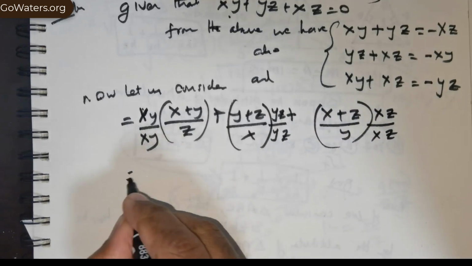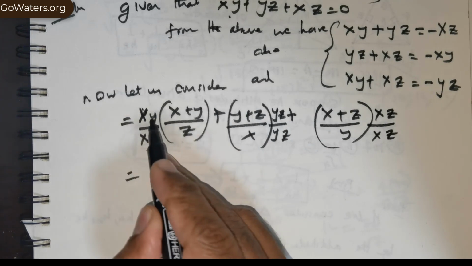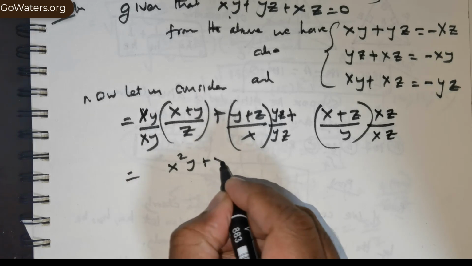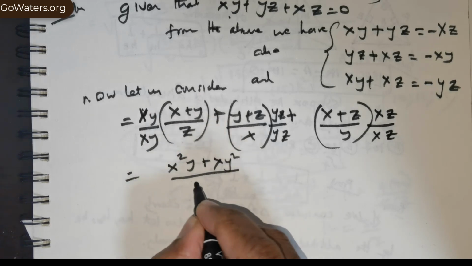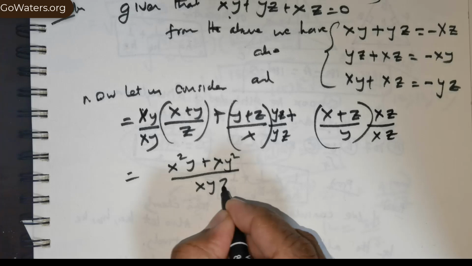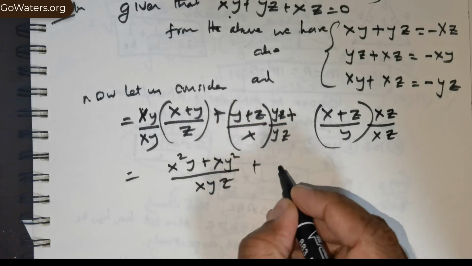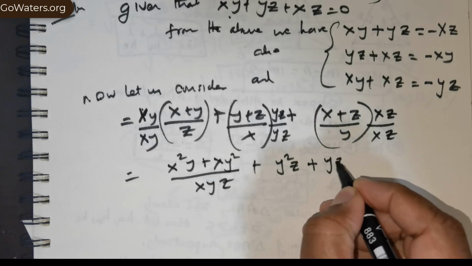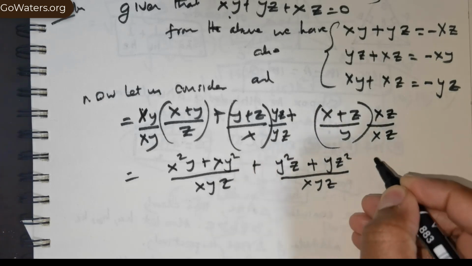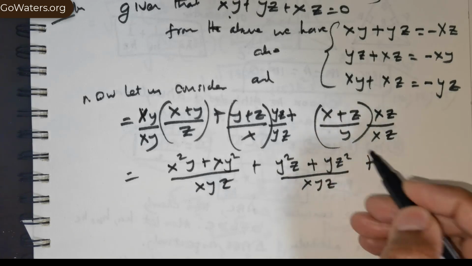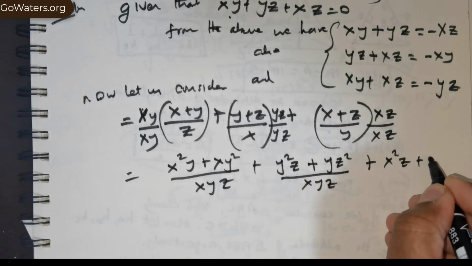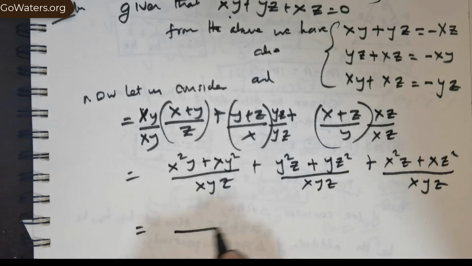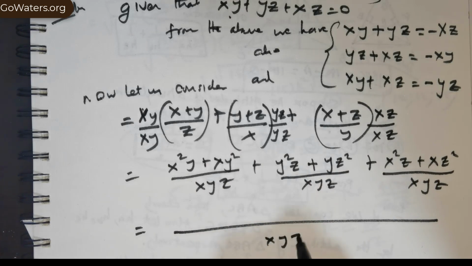So this is equal to, if you distribute xy inside, x squared y + x y squared divided by xyz, plus, distributing yz, y squared z + y z squared divided by xyz, plus, distributing xz, x squared z + x z squared divided by xyz. Now I take xyz as the LCM.